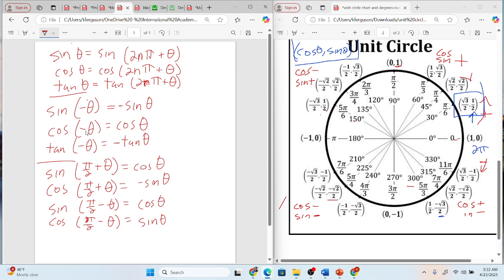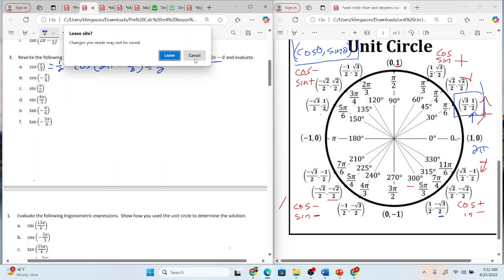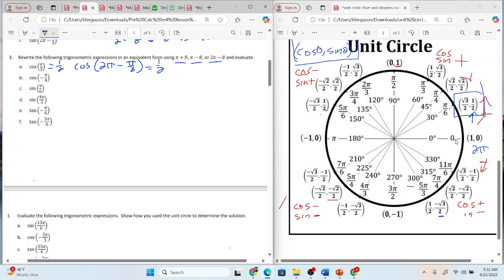I know that cosine of negative theta is positive cosine, or I could just say, if I start at 0 and subtract 45 degrees, that puts me at a positive square root of 2 over 2. Sorry, the positive square root of 2 over 2. So let's see which one of those works.